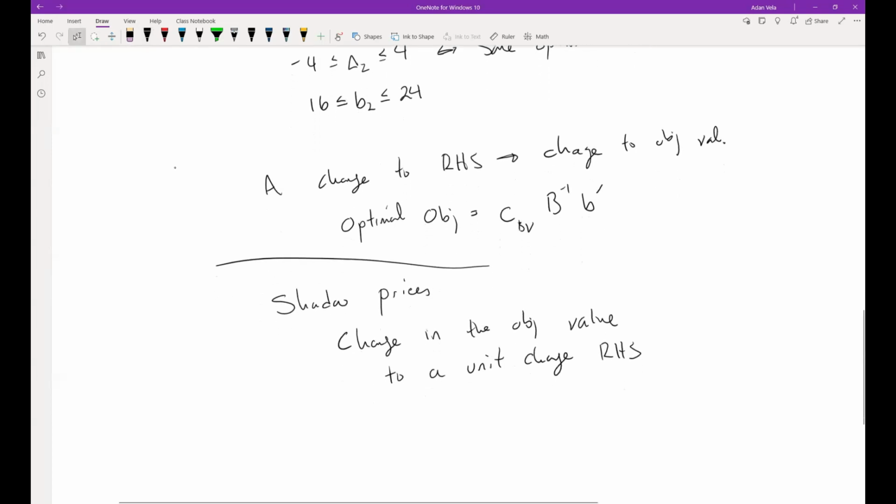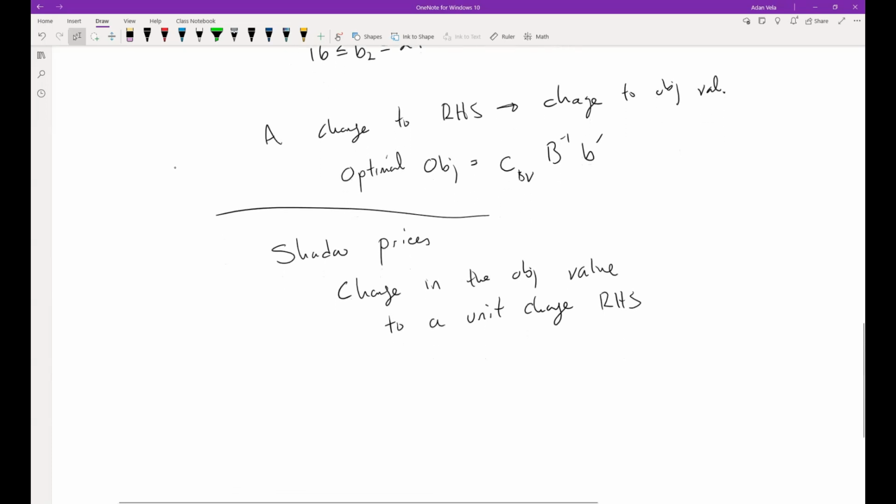Effectively, the way that you can calculate this is you can set the delta. So let's say you want to figure out how your delta changes. In this case, let's say our second constraint equation, we want to change it from 20 to 21. What we would calculate is CBV, B inverse, and then we substitute in whatever that delta is.